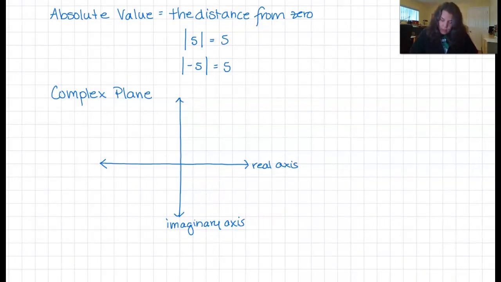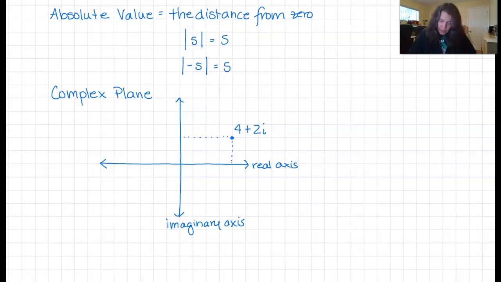And so if I took this number right there, you guys are probably already thinking about what that would represent. That is 4 units on the real axis, and it's up 2 units on the imaginary, so we say it's positive 2i. You put the real and the imaginary part together, and that point right there represents 4 plus 2i.